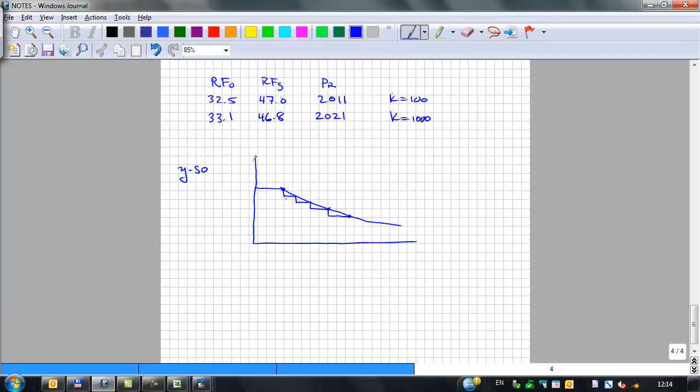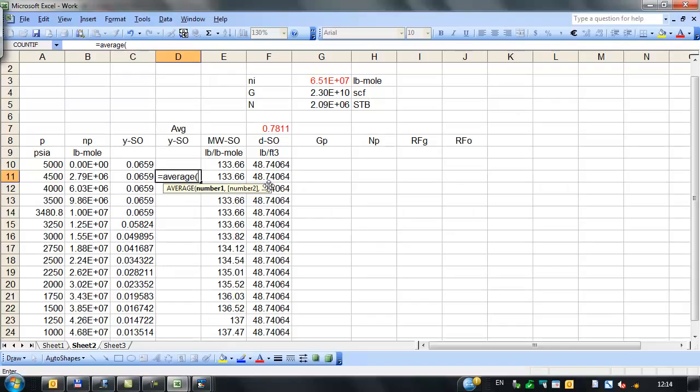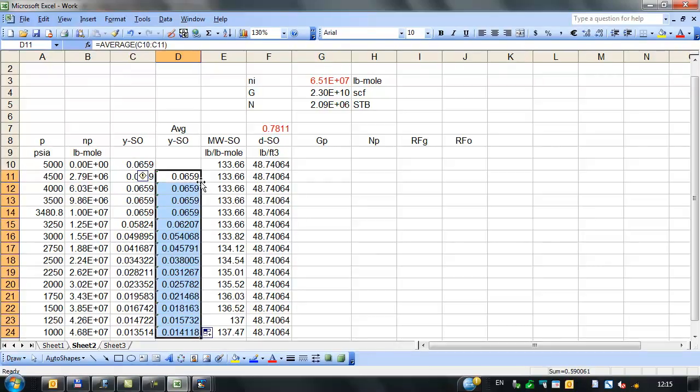We would take what we actually have plus the previous one and use that, I think. So I think we'll try that. Average of this to that. Okay.